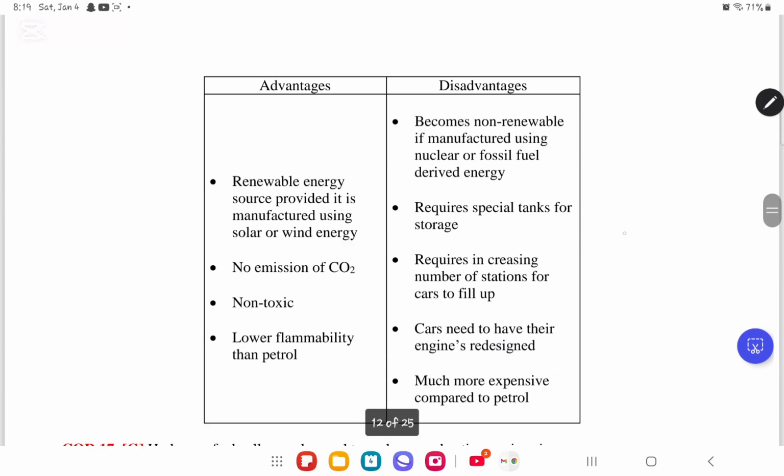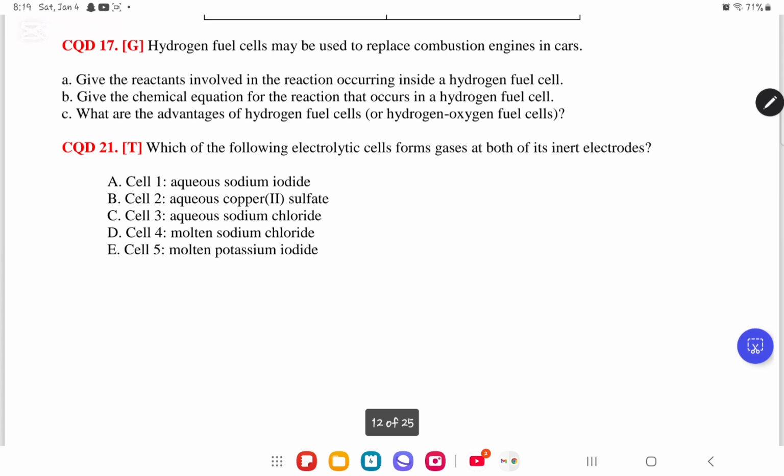Moving on to our next question, which is CQD 17. Hydrogen fuel cells may be used to replace combustion engines in a car. Give the reactants involved in the reaction occurring inside a hydrogen fuel cell. So what exactly happens in a hydrogen fuel cell?